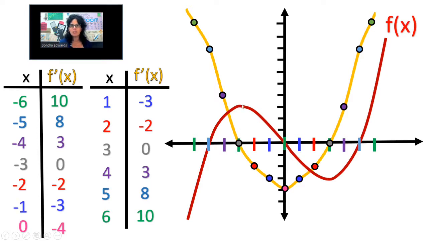So all of the points between this x and this x, all of those points on f prime get plotted below the x-axis. And then starting right there on f of x, I start increasing again, and slopes of tangents at increasing are positive. So all the points after x equals 3 get plotted above the x-axis. Okay, lots of patterns going on there, and we are going to summarize them in a minute, so you can wait to write them down, but those are some key ideas so far.